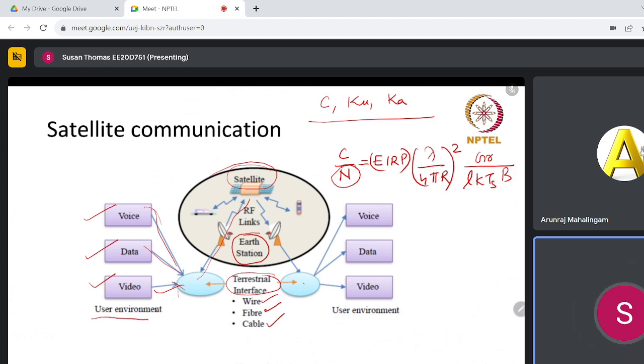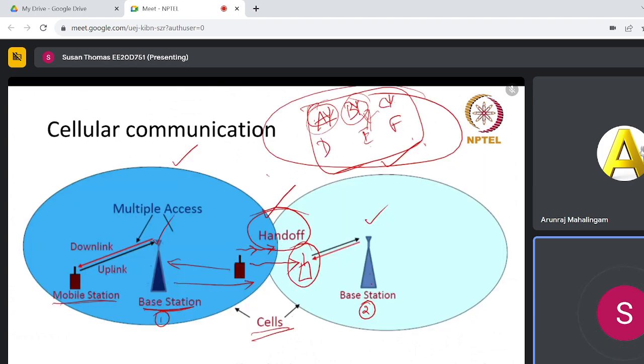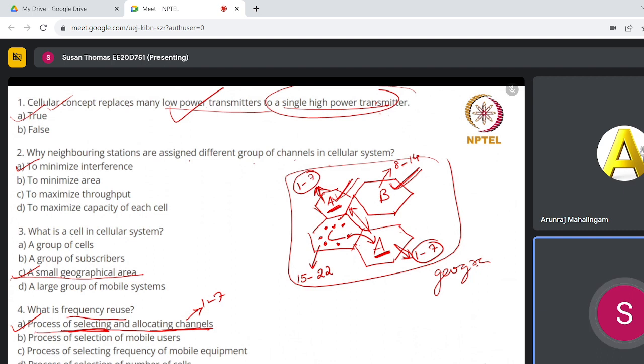This is the ratio. If you notice, for high frequencies the wavelength will be less, so the carrier to noise ratio will be improved. That is one of the reasons why we use high frequencies for satellite communication. These are some of the things which I wanted to convey.